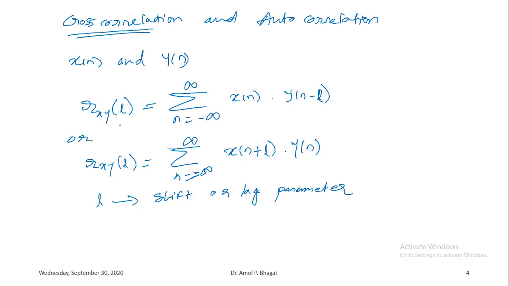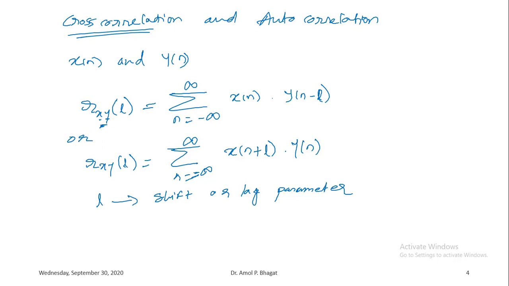Basically the subscript xy represents which signals you are correlating. We are correlating x of n with y of n here, therefore we indicate xy in the subscript.